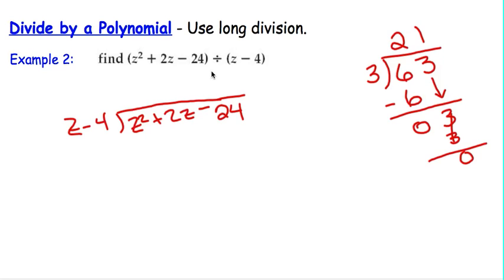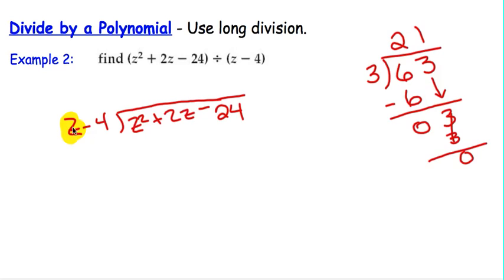So whenever we do this, we're going to look just at this first character out here. So this z. That's what I'm going to use to figure out what goes up here for my division.